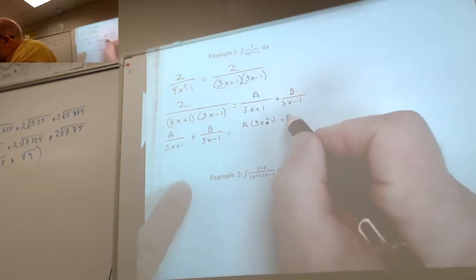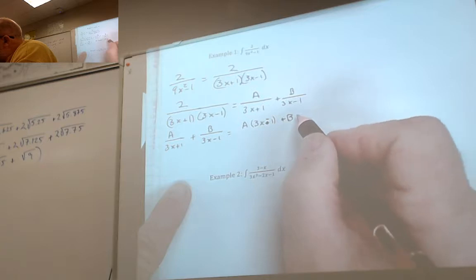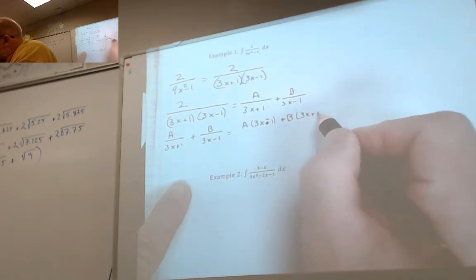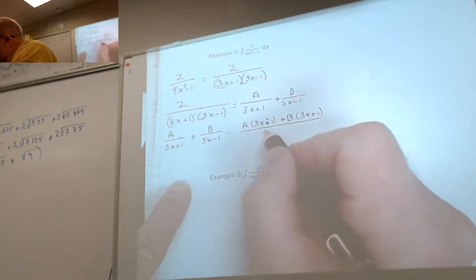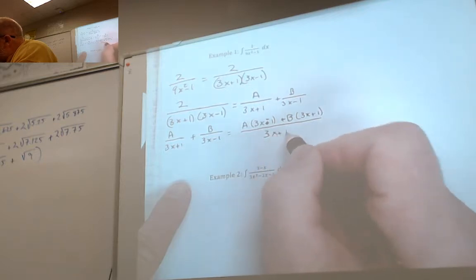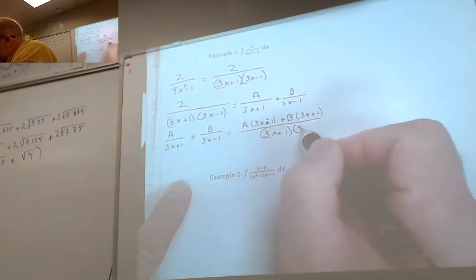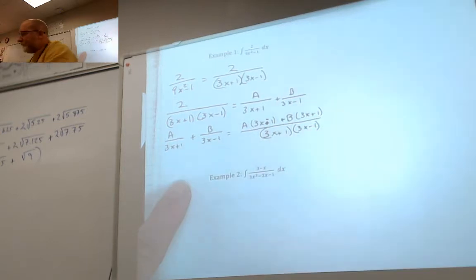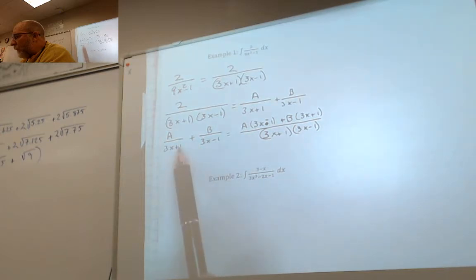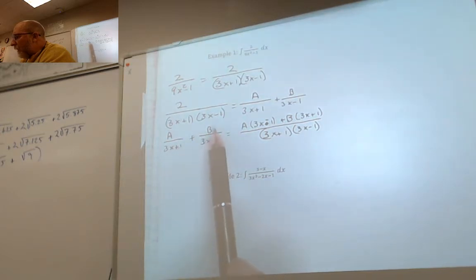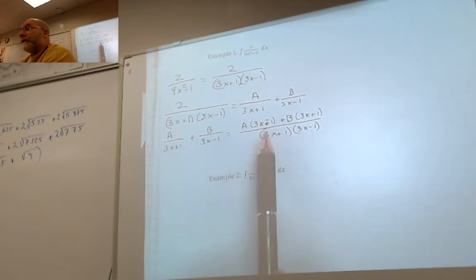And the other one got multiplied by 3x plus 1 to get this common denominator of 3x plus 1, 3x minus 1. So I multiplied a by 3x minus 1 and the denominator by 3x minus 1. And on this fraction, I multiplied the numerator by 3x plus 1 and the bottom by 3x plus 1, and then combined them. So they look like this.